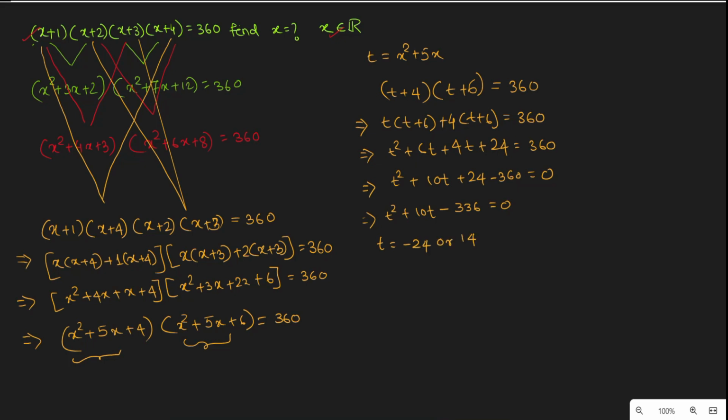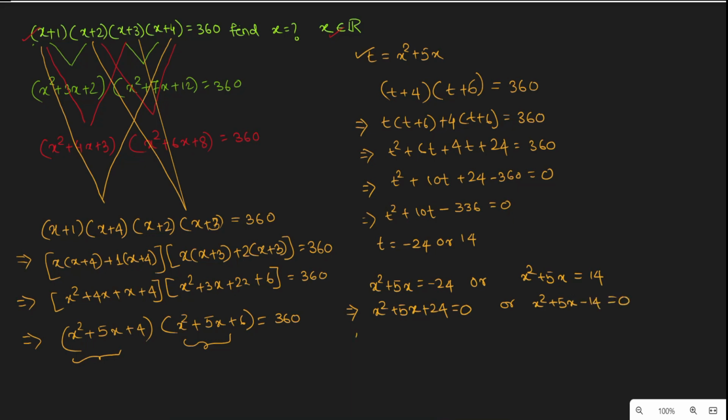As you know, t is equal to x² + 5x. So we can say x² + 5x = −24, or x² + 5x = 14. So let us solve these equations. x² + 5x + 24 = 0, or x² + 5x − 14 = 0.